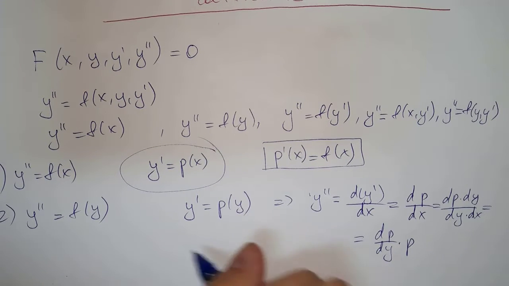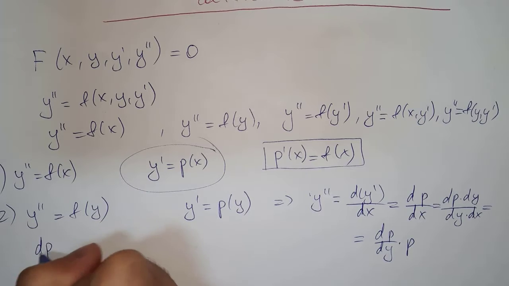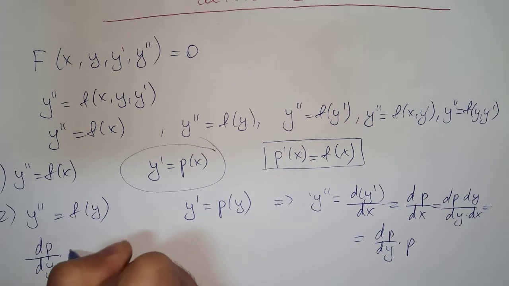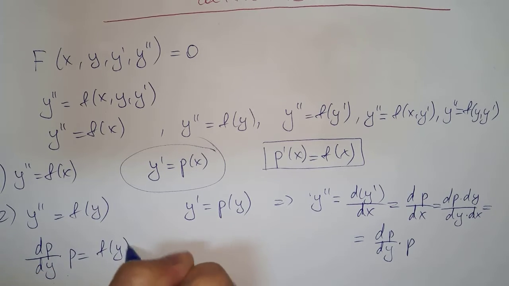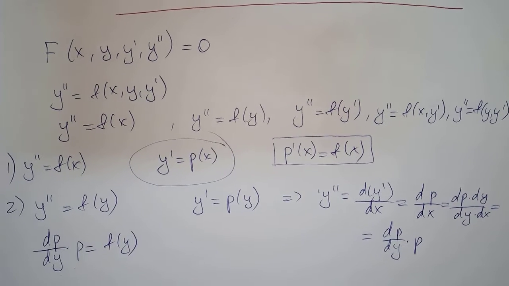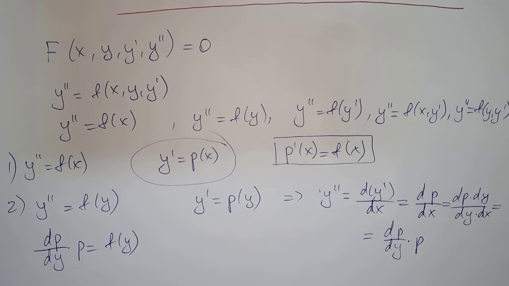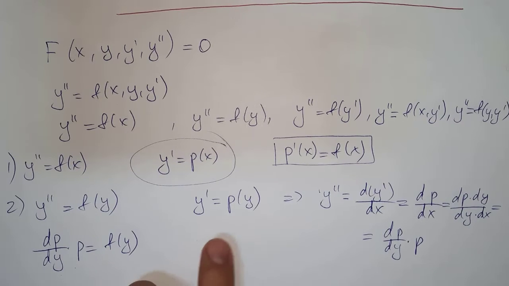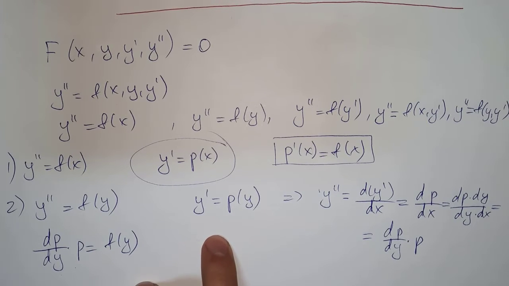So our equation now is p times dp over dy equals f of y. Solving this equation, we find the function p of y, and then we find the solution of y prime equals p of y, and then we'll get our y.